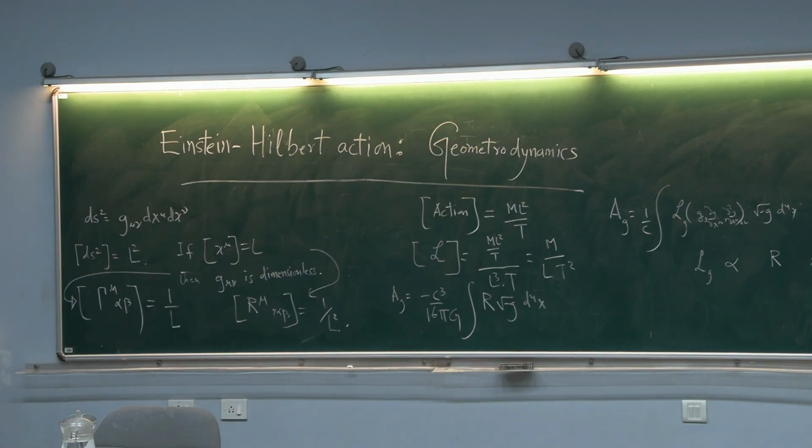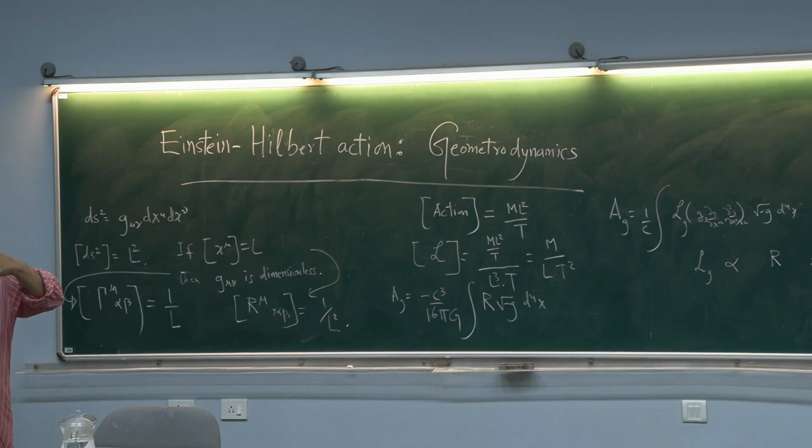Alright, so from pure dimensional argument, and from the fact that the Lagrangian density is a scalar under general coordinate transformation, the simplest Lagrangian one can construct is this. Of course, people go for higher derivative theories like R mu nu R mu nu, or R mu nu alpha beta R mu nu alpha beta.